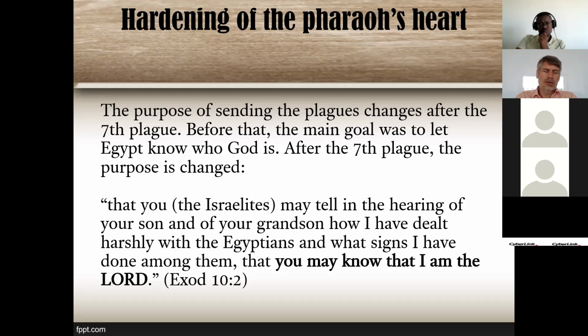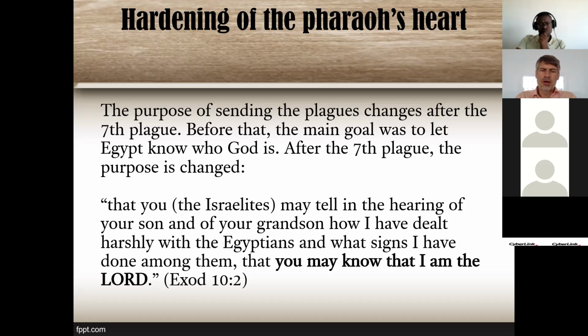Of course, how sincere he was is another thing, but anyway, he acknowledged that he was a sinner. And what is also important, after this seventh plague we can see that a new rationale or new purpose of the plagues is introduced.